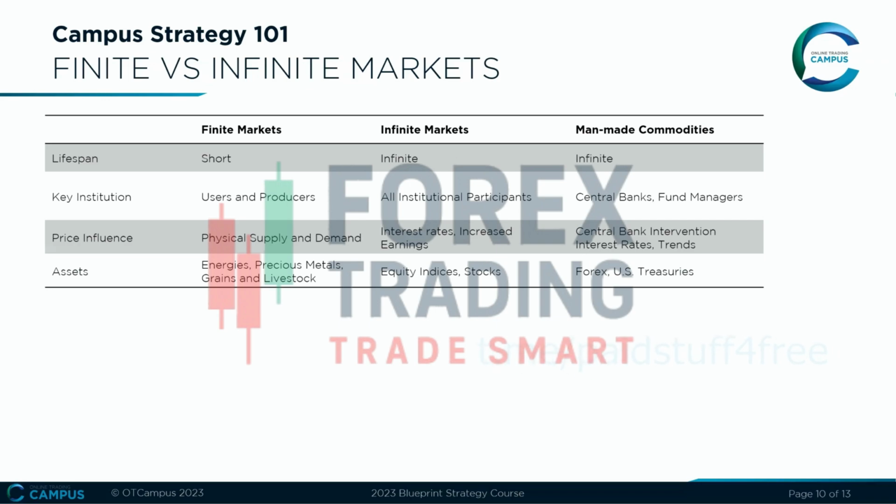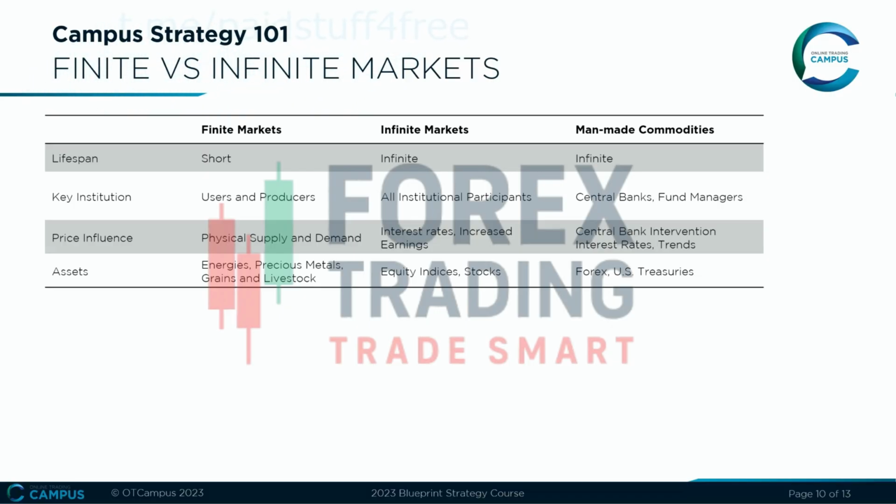The lifespan of a commodity like sugar is extremely short. It goes from producers to users, and then it's all over. Sugar and cacao, for example, would be made into chocolate. Wheat would be made into flour.